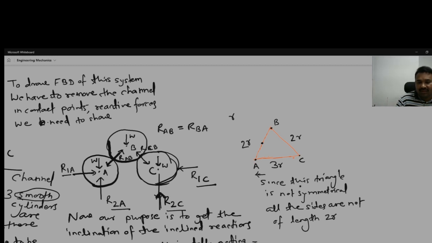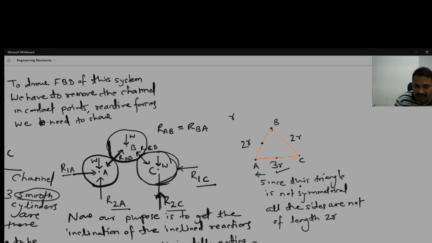Okay, means this one side is 3R. That's why the angles will be not same. So what to do to get the angle from the middle of this?